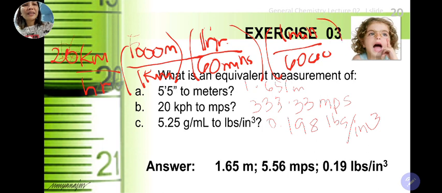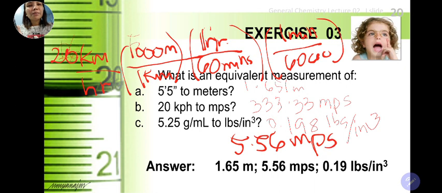Okay. Again. Sorry. 20 times 1,000 divided by 60 and divided by another 60. Okay. Here's our answer. 5.56 since actually it's 5.55555. So, i-round off na natin siya to 5.56 meters per second.